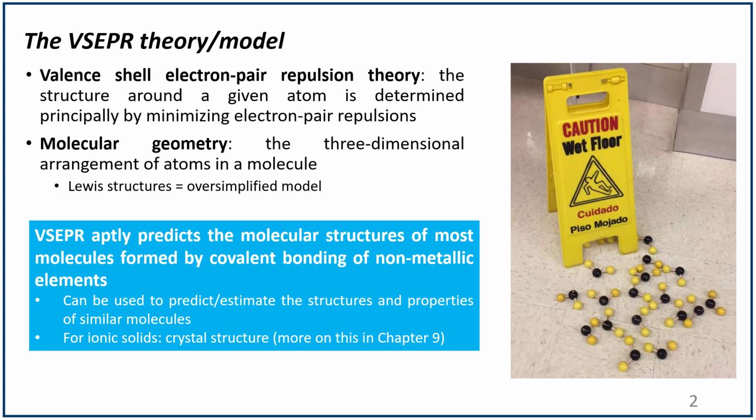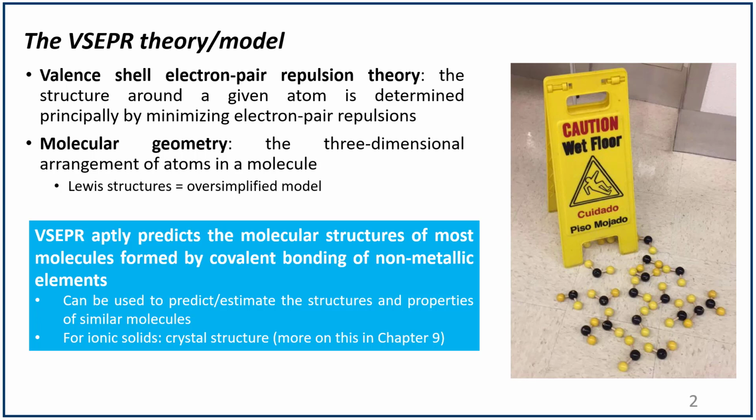Meaning electron bonds would like to repel another pair of electron bonds, or lone pairs of electrons can repel another lone pair of electrons, or a lone pair of electrons wants to repel also a bonding pair.